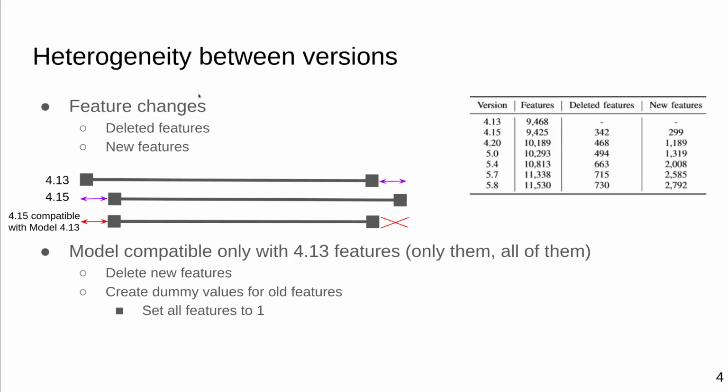So first, you have to align the feature space. We use a quite basic strategy in which we delete new features and we create dummy values for all features. So no complex mappings, but it was quite effective.